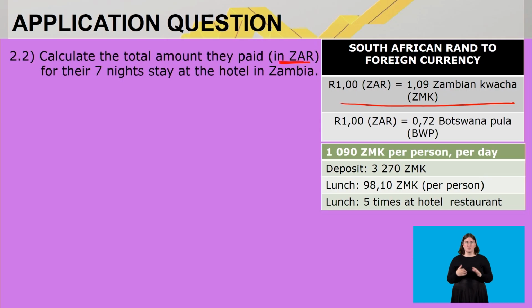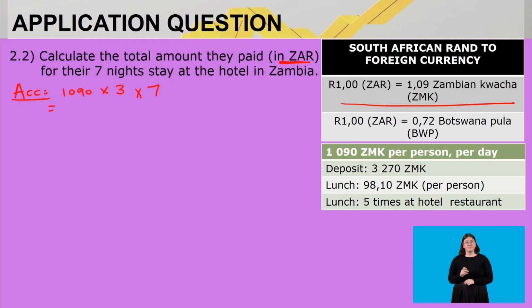Okay, now let's start with this one. I'll start off with the accommodation, right? So, okay, so the accommodation, I'll abbreviate it like that. We know then it's 1,090 ZMKs, multiply by the three of them, multiply by 7 nights. That's what they've been paying for.